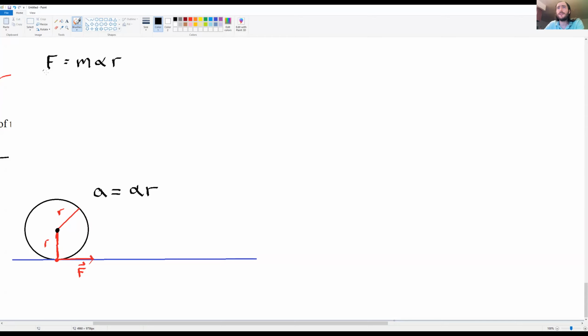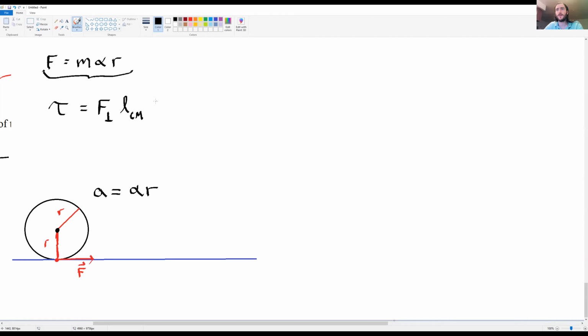And if this is the force on the tire, then we can write down an expression for the torque. And the expression for the torque, remember, let's be careful here. It's the force on the tire that's perpendicular, which happens to be F, times the lever arm, right? So force times lever arm, measured from the center of mass here.